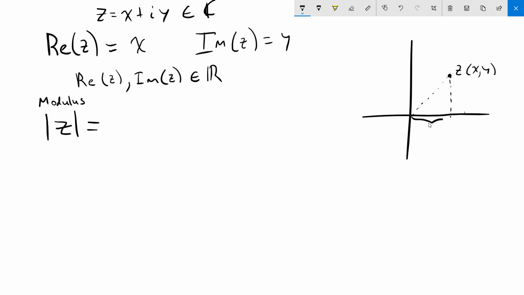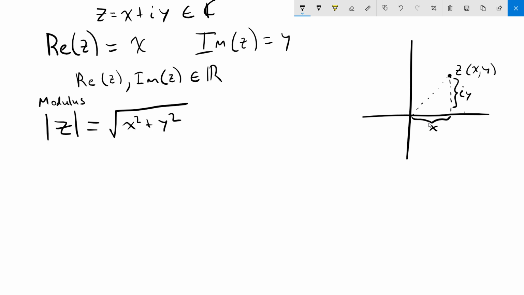This length here is x, and this height here is iy technically. We're going to actually consider the real length. So here this would be the square root of x squared plus y squared. This is just basic Pythagorean theorem being applied to this number.